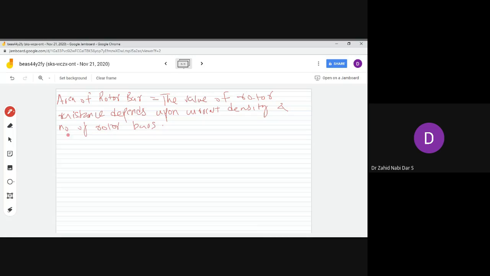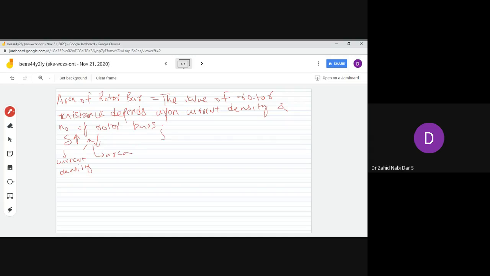If your current density increases, what will happen to the cross sectional area of the bar? It has to decrease, because current density is I by A, current by area. So if it has to increase, your area has to decrease. So area has to go down.